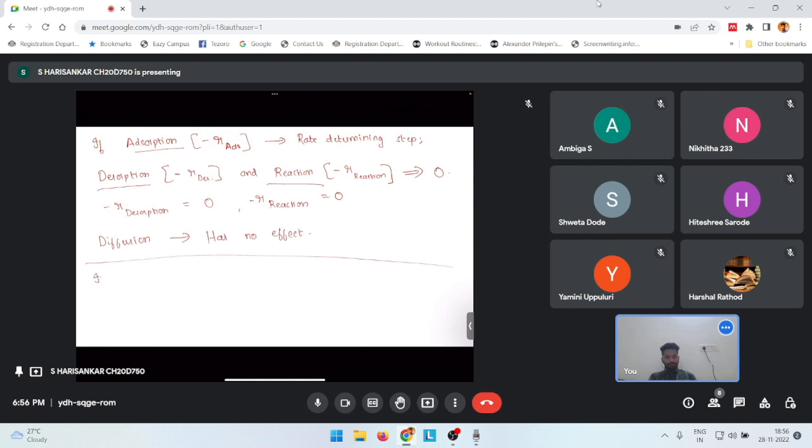If rate of reaction is rate determining, then rate of adsorption as well as rate of desorption will be equal to zero.